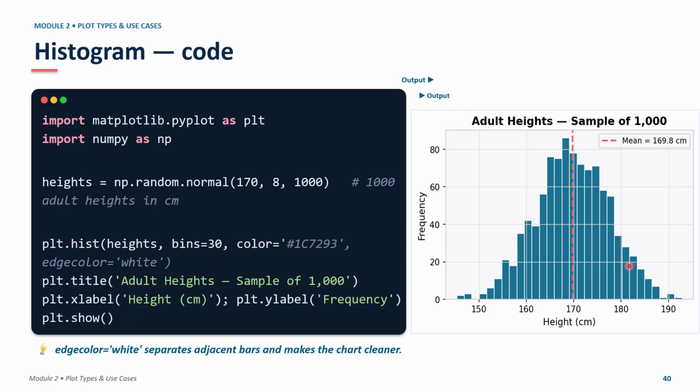Now when you run this code and call plt.show, it's going to give an output like this. What you look for in your output is: is it symmetric? Is it a normal distribution? Yes, you have got a symmetric curve, so this is a normal distribution curve. You can find where the peak is.